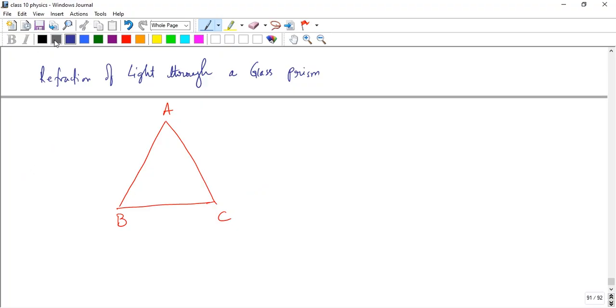So if that is the source, this ray is called the incident ray, and the point on AB is the point of incidence.